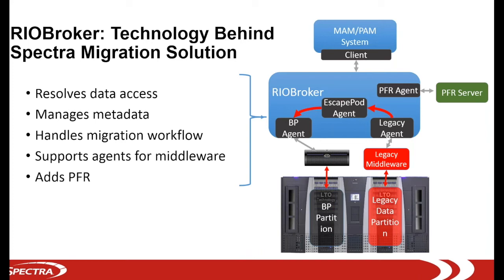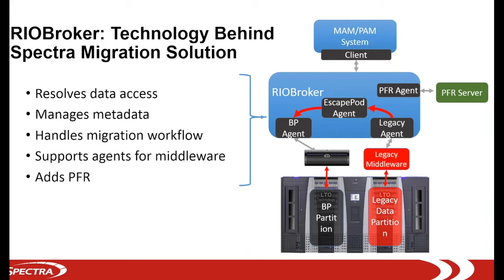What data needs to get updated. We customize this agent also for the specific system that we are using. We are working very closely with Avid to be able to make changes within their system without end user intervention. We also use the Rio broker for supporting different agents for different types of middleware.